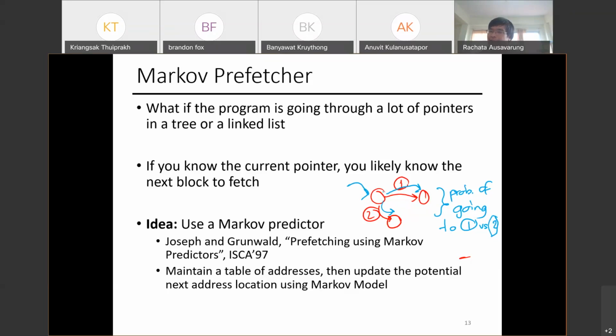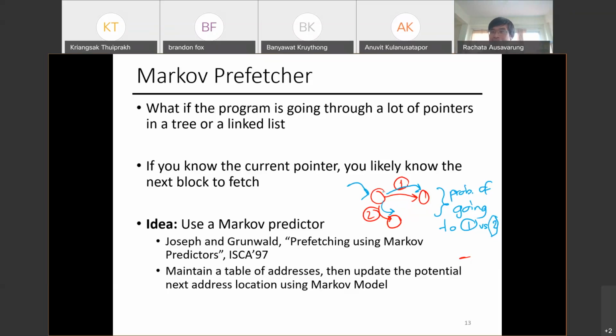Anyone want to take a guess on why this might not be as effective in nowadays computing, where the data is huge? So a Markov model requires a table. The table would be basically as many as the pointers that you want to predict, right?